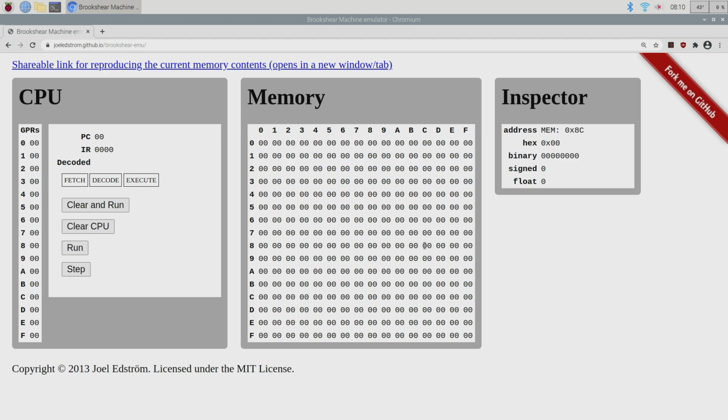Now, what's different about lots of processors is how many registers you have and what they're called. This processor has a luxurious 16 of these things, labeled 0 through F. That makes sense because, well, 16, right? That's how many things a hex letter can denote.